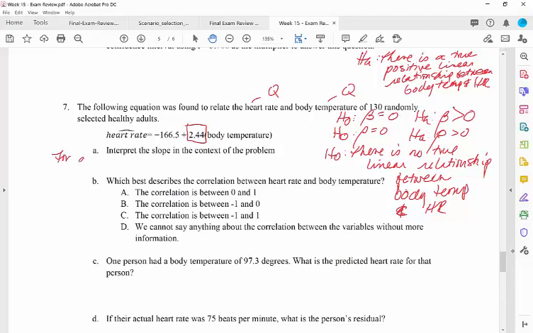So I'd say for a 1 degree Fahrenheit increase in body temperature, the predicted or estimated heart rate, either one, increases by 2.44 beats per minute.